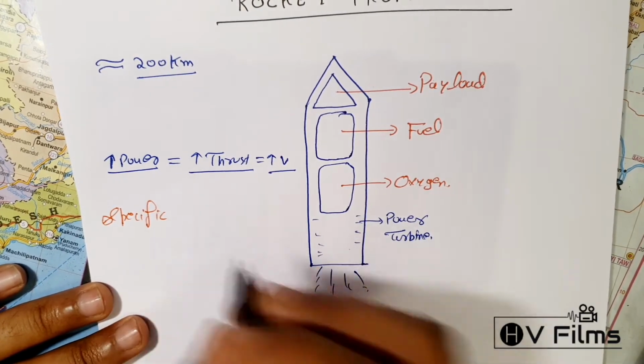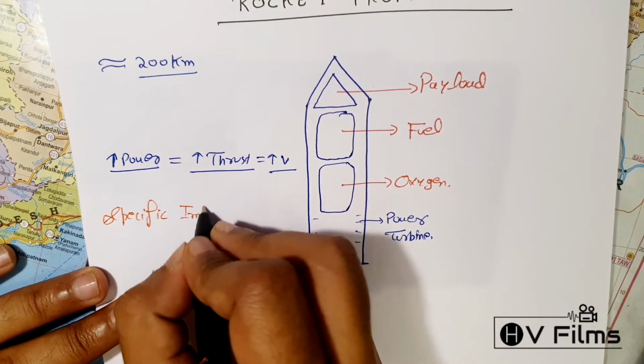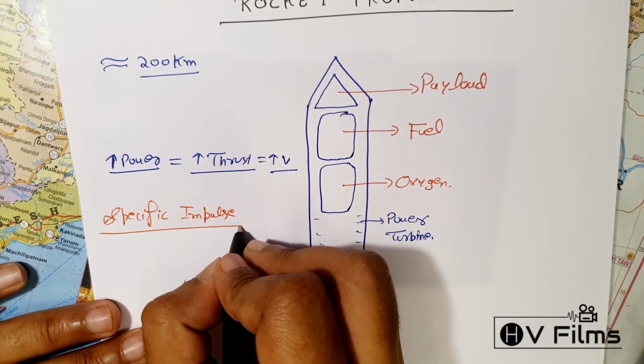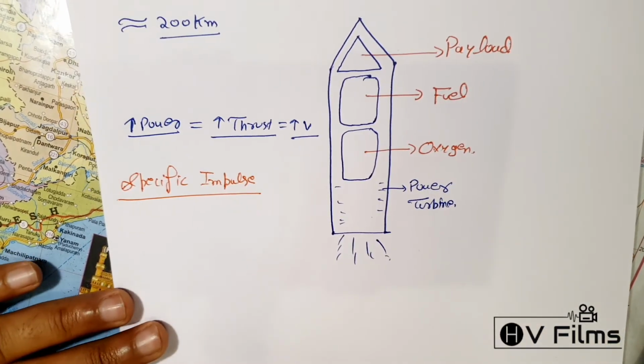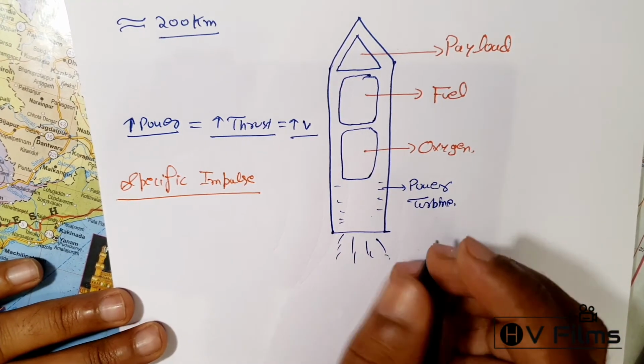So we can say specific impulse is where the efficiency of the rocket is measured, just like car performance, it's as simple as that. The specific impulse actually depends on two things.